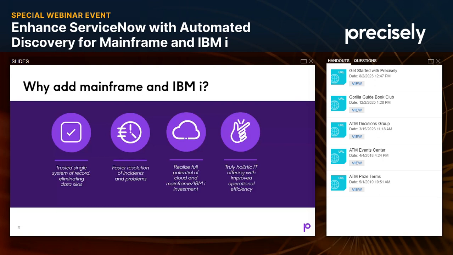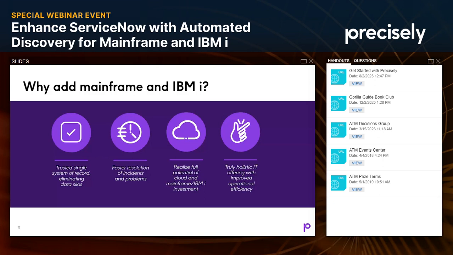There's things happening on the mainframe that aren't visible to the rest of the organization who's working through ServiceNow to manage IT operations. For the resolution of an incident or a problem, you need to have all that data at your fingertips, and it's accurate, so it'll lead to faster resolution times.